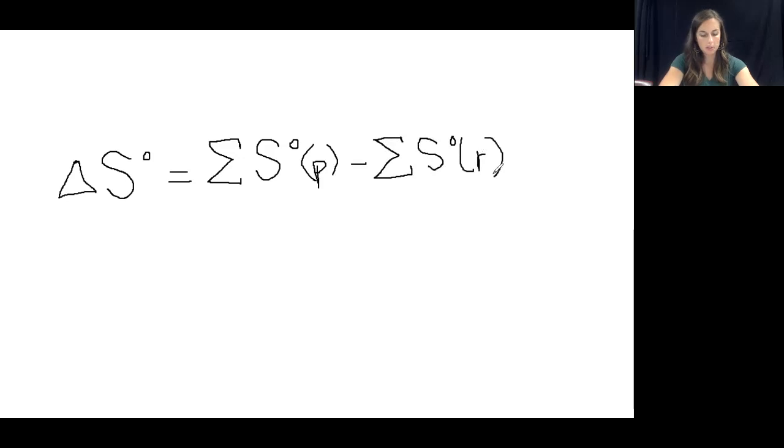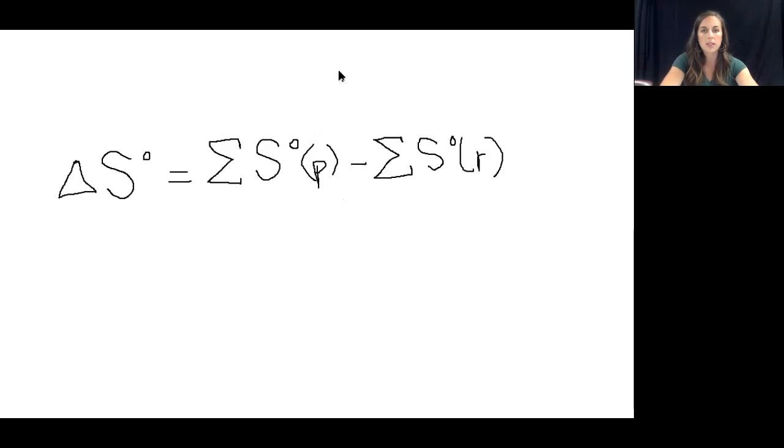So very similar to the last equation that we used, you are going to add up all of the standard entropies for your products, and then you're going to subtract the sum of your standard entropies for your reactants, and that's going to give you your change in entropy.